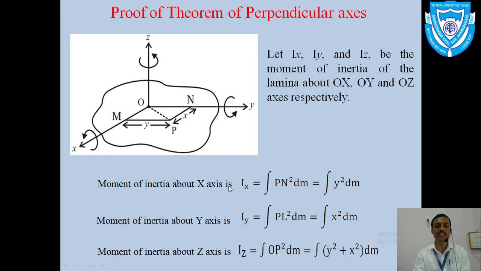सो स्क्वेअर ऑफ द डिस्टन्स म्हटल्यानंतर y स्क्वेअर आणि dm. सो मोमेंट ऑफ इनर्शिया ऑफ x axis is equals to pm स्क्वेअर आणि y स्क्वेअर dm. देन मोमेंट ऑफ इनर्शिया अबाउट y ऍक्सिस. आता y ऍक्सिस पासूनचा हा जो डिस्टन्स आहे हा np वगैरे घेतलेला आहे, माझ्याकडनं थोडेसे नाव हे झालेत. इथे np दिसतोय तुम्हाला, तर हा y साठी जर घेतला तर p x स्क्वेअर dm, हा x स्क्वेअर हा जो डिस्टन्स आहे x स्क्वेअर y ऍक्सिस पासूनचा. सो x स्क्वेअर dm, हे जे pn स्क्वेअर आणि pl स्क्वेअर आहे याला इग्नोर करूया आपण.